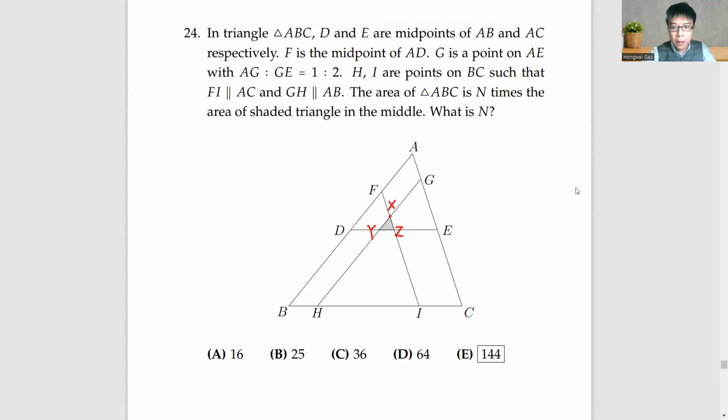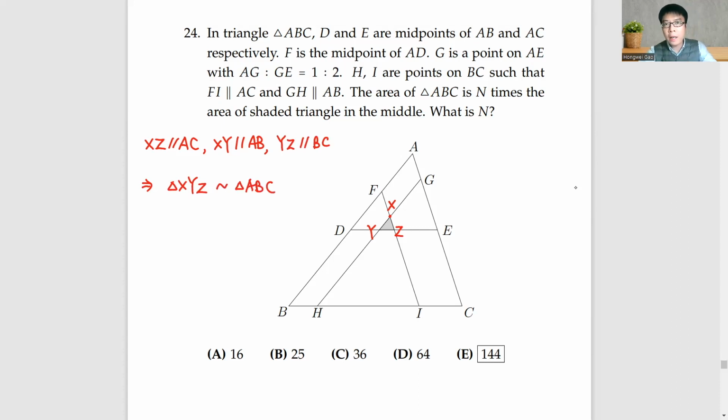For example, xz is parallel to AC, xy is parallel to AB, and yz is parallel to BC. So easy to deduce that triangle xyz is similar to triangle ABC.